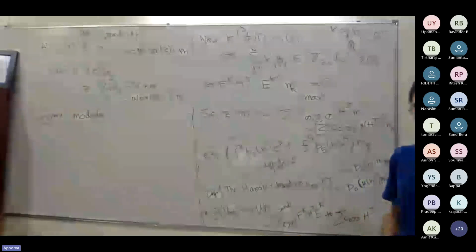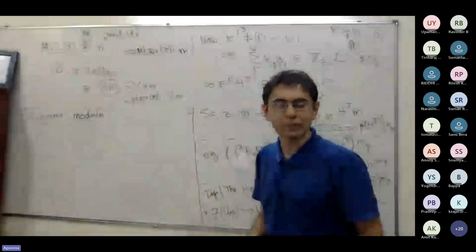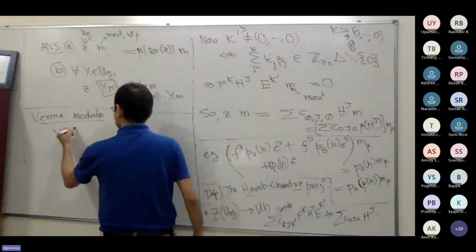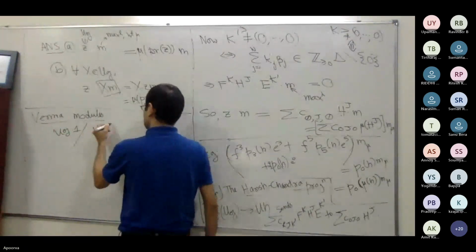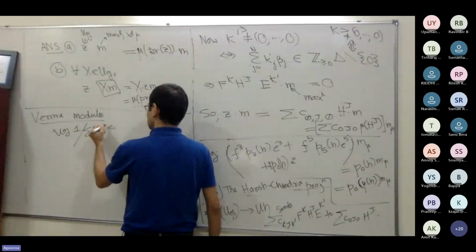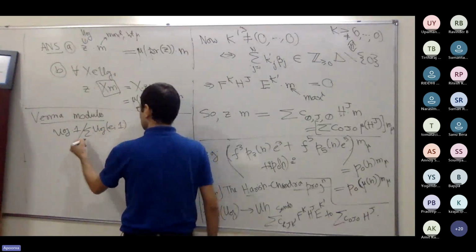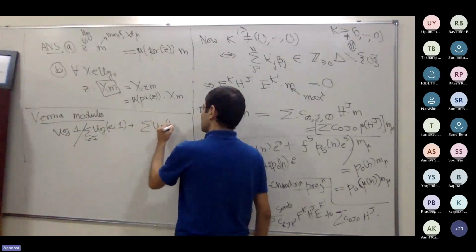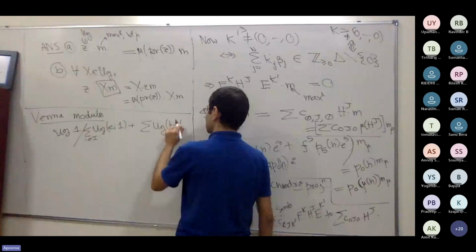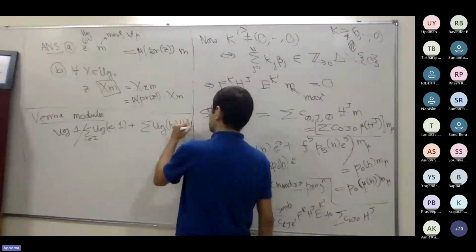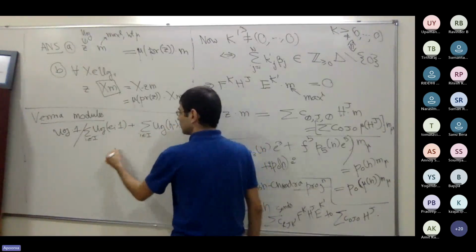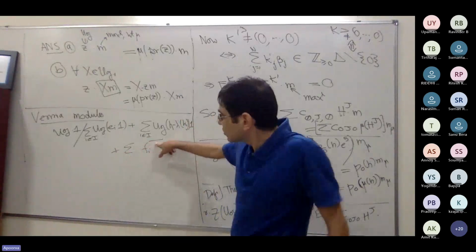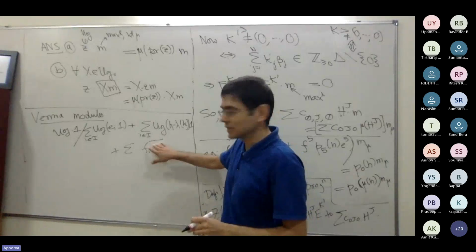We wrote down the formula for the simple module, which was finite dimensional. It was UG quotiented out by the summation of UG times e_i times 1, plus the summation of UG times (h_i minus lambda of h_i) times 1, and then plus something with the f_i's. But the only place where we used the fact that lambda was dominant integral was in this third term.